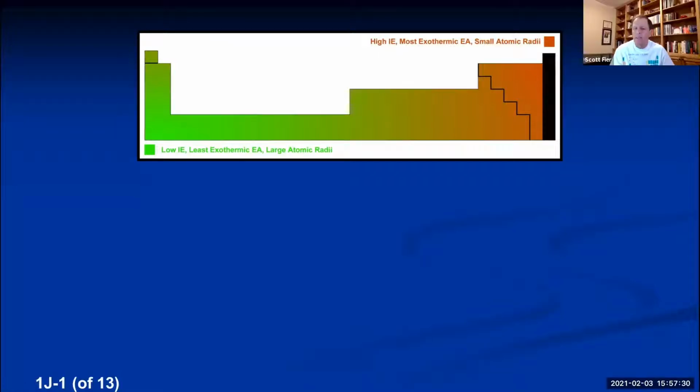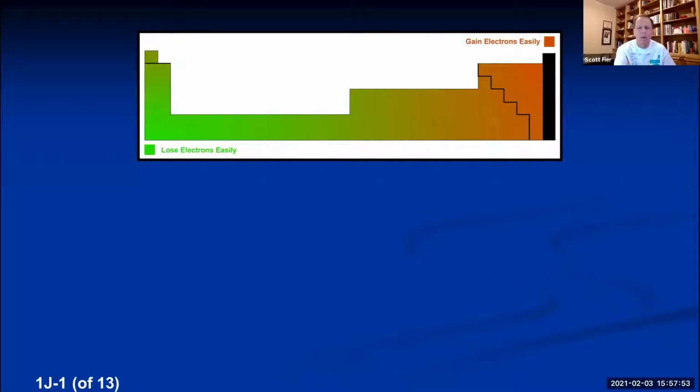So generally speaking, the periodic table is broken up into two major classifications of elements. The ones on the bottom left have really low ionization energies. So that means they can lose their electrons easily, but they're not going to gain electrons because they have low exothermic electron affinities. So they're the ones that lose electrons easily.